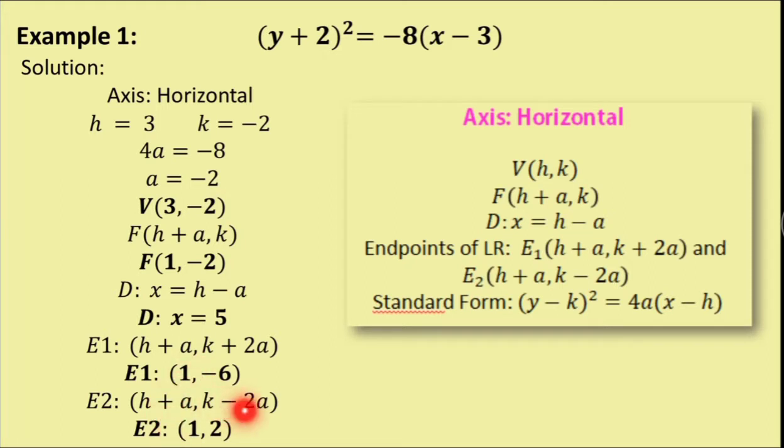And k minus 2a: negative 2 minus 2 times negative 2 is positive 2. So we have endpoint 1 at (1, negative 6), and endpoint 2 at (1, positive 2). So be careful with the signs and the rules of integers while solving for these critical points.